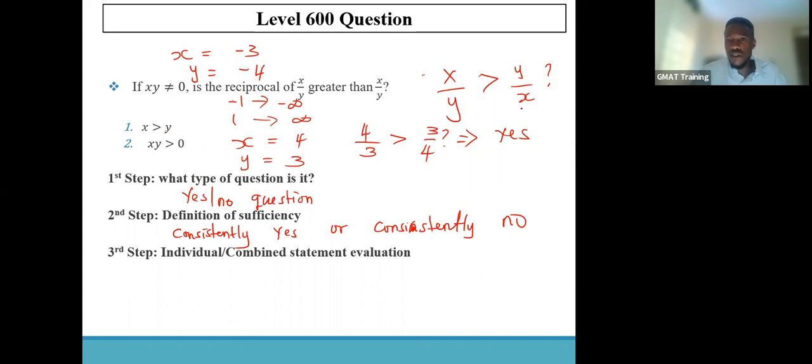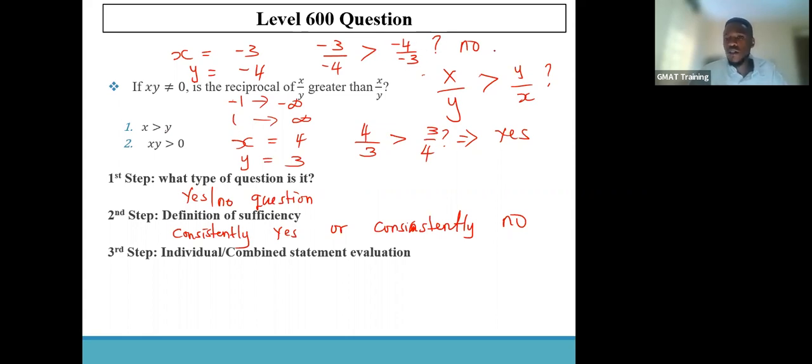So then we substitute it into this expression such that x over y is -3 over -4. We want to see if this is greater than -4 over -3. And our response to this question is no, because 3 over 4 is not greater than 4 over 3. 3/4 is actually less than 4/3.